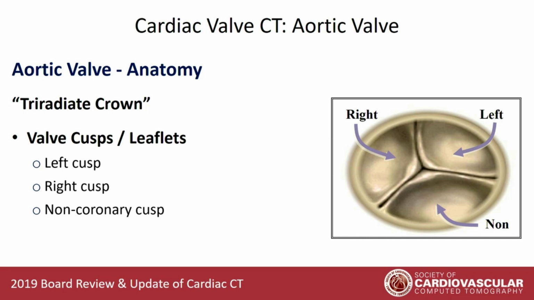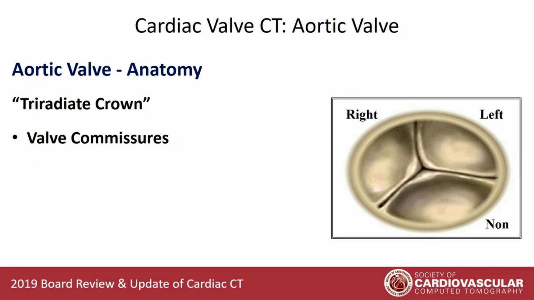It's always been interesting to me, right, that the aortic valve and the pulmonic valve have cusps, and the bicuspid valve and the tricuspid valve have leaflets. I don't know, it seems weird to me, but according to our pathology colleagues, the valve leaflets in the aortic valve are more appropriately called cusps.